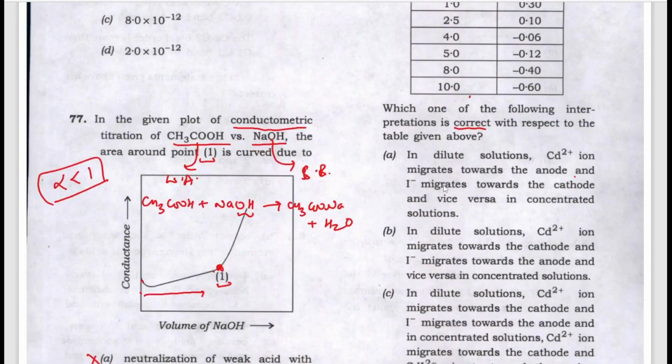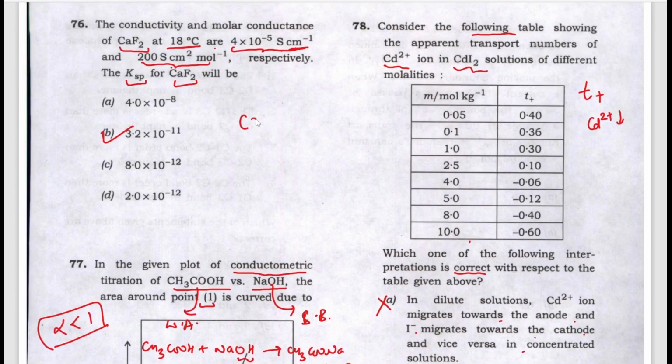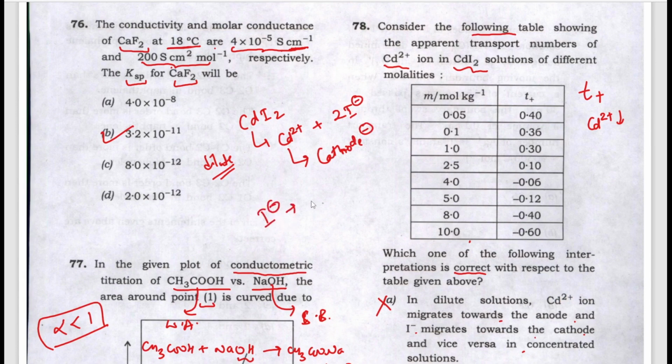In the first case they are saying in diluted solution cadmium 2 positive ion migrates toward anode and iodide migrates toward cathode, and vice versa in the concentrated solution. This statement is incorrect. In the diluted form, cadmium iodide dissociates into cadmium 2 positive plus 2 iodide negative, and cadmium 2 positive moves toward cathode because at the cathode there is a negative charge, and cadmium 2 positive will be reduced here, and iodide will move toward anode.